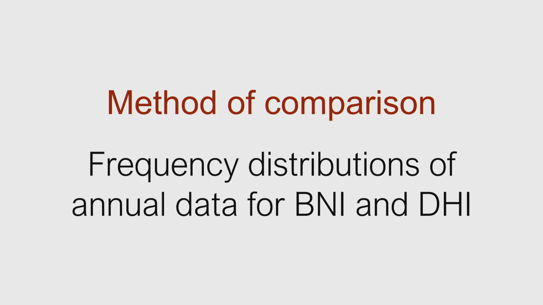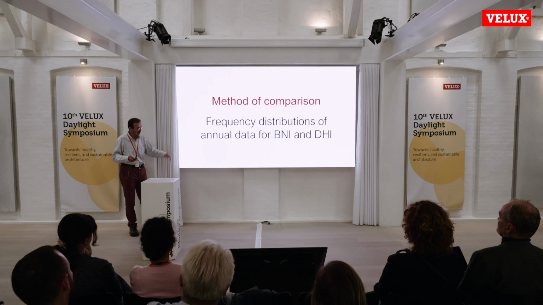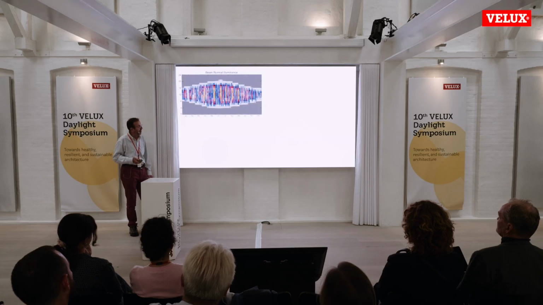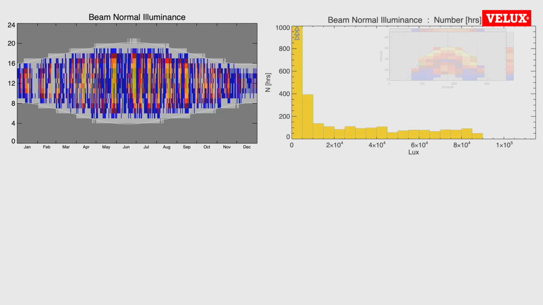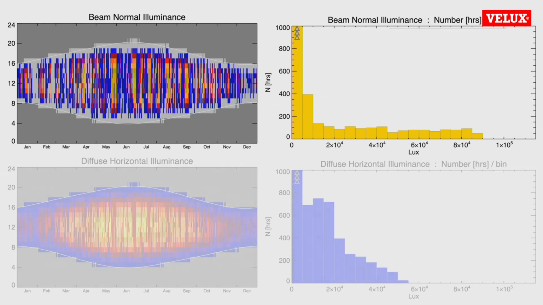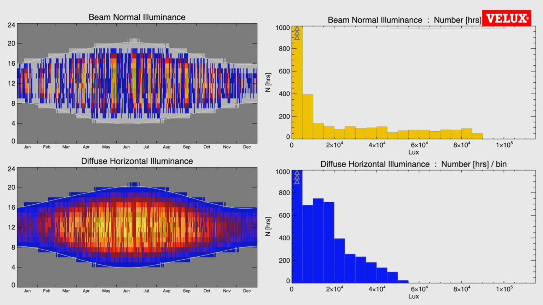We use something very simple, frequency distributions. Can't really get simpler than that. So look at the annual distributions for all those years and for all 4 TMYs. We've got the beam normal in 5,000 lux bins, put it in there, distribution, simple. Do the same for diffuse horizontal, fine.